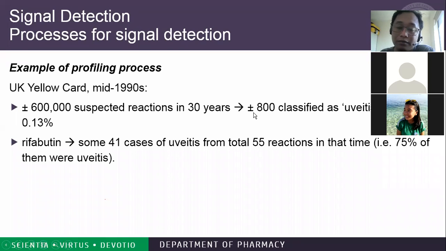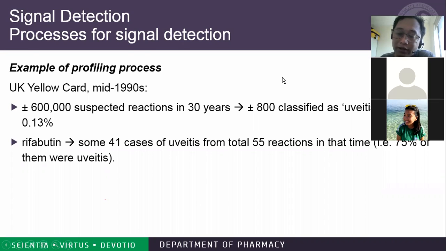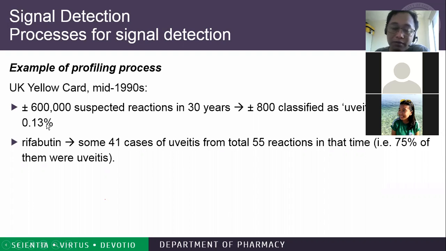And more or less 800 are classified as uveitis. So it is about 0.13% in total. And rifabutin is correlated with 41 cases of uveitis out of a total of 55 reactions from rifabutin.